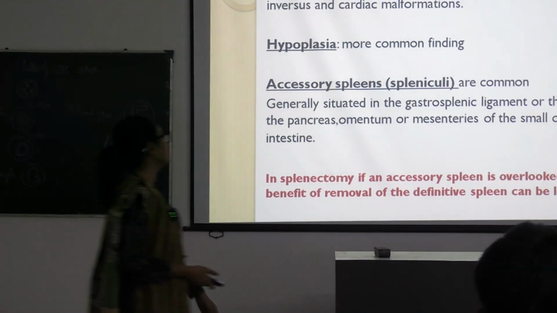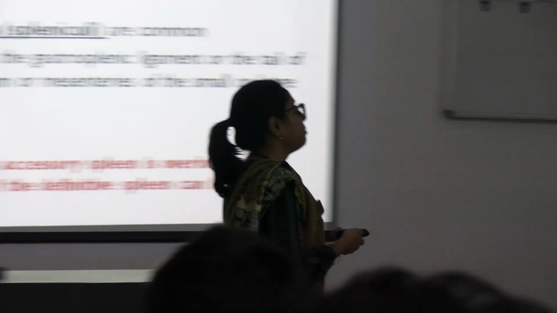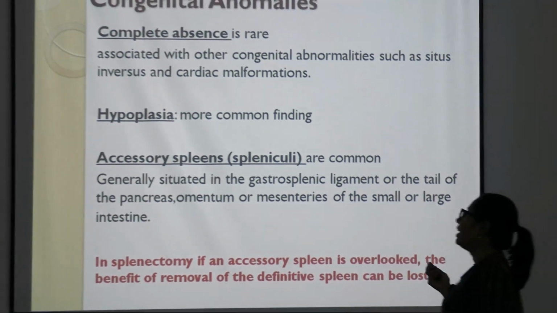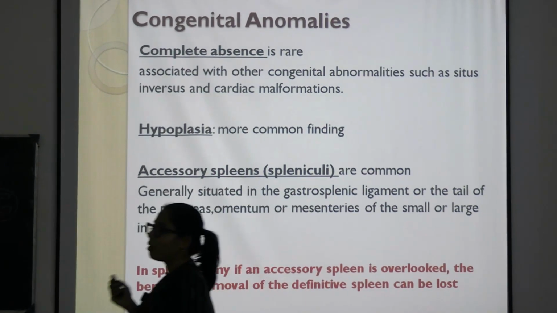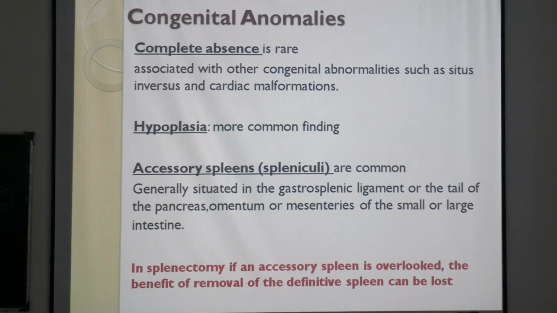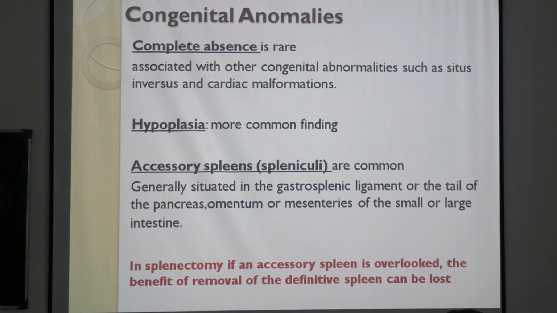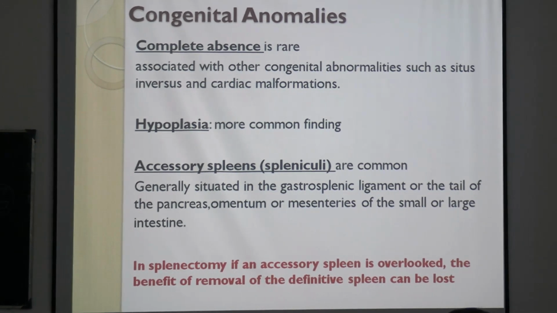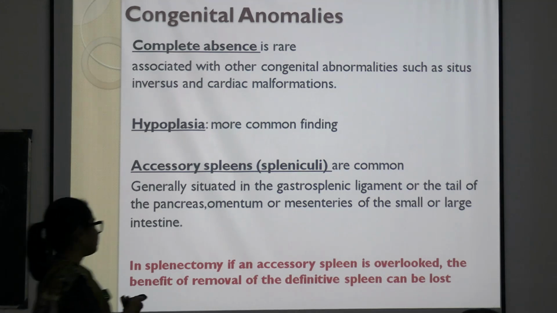That is situs inversus, certain cardiac malformations. Other than that, what other anomalies? Hypoplasia, and accessory spleens. This is not very uncommon. Many times when a specimen of spleen comes, you can find small attached accessory spleens to the same specimen.